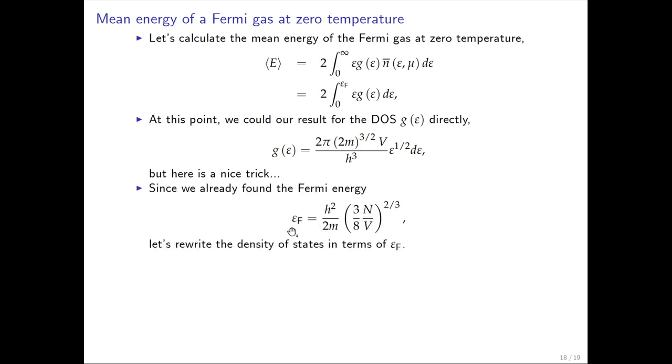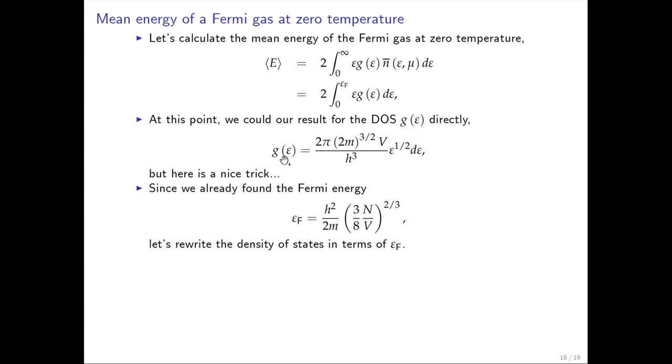So since we already found the Fermi energy here, and it depends, of course, on 1 over the mass and the concentration. That's what we found before. Since we know this, you see this density of states involves the volume and the mass and h.